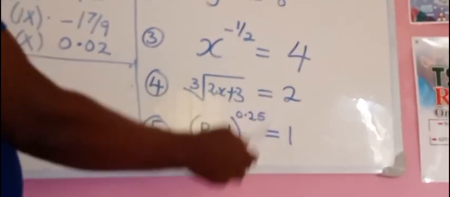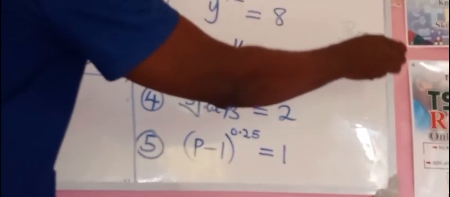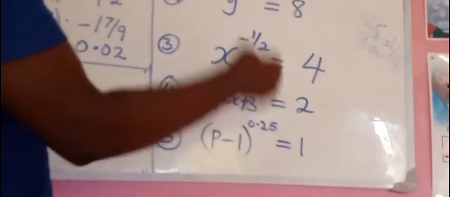Then finally, look at this. P minus 1 raised to power 0.25. This 0.25 means 25 over 100, okay? And if you reduce to its lowest term, it will give you 1 over 4. So you now find the multiplicative inverse of 1 over 4, which is 4, to remove this completely.